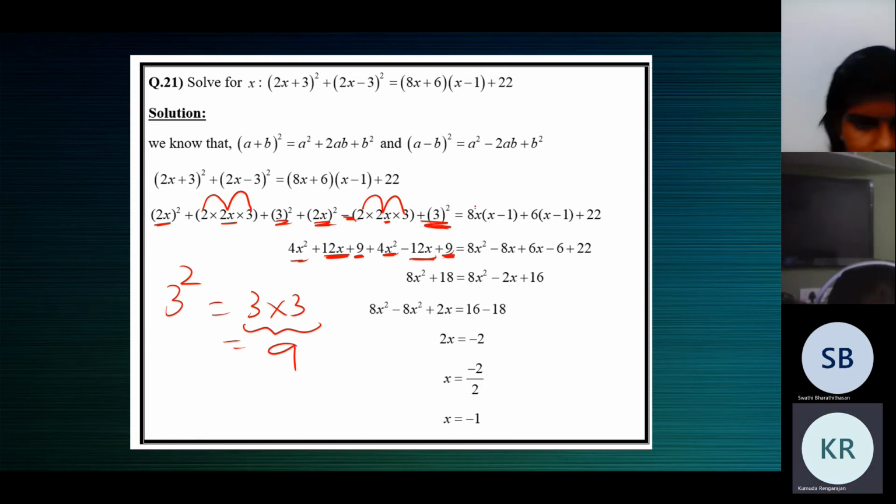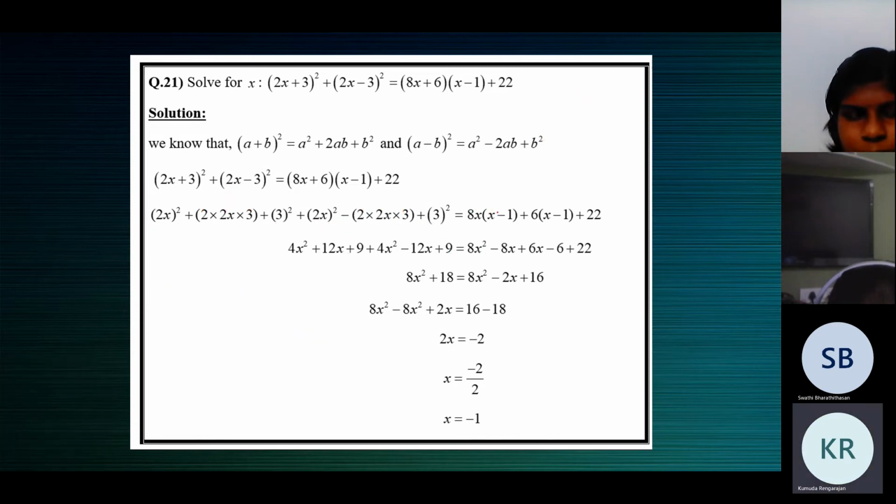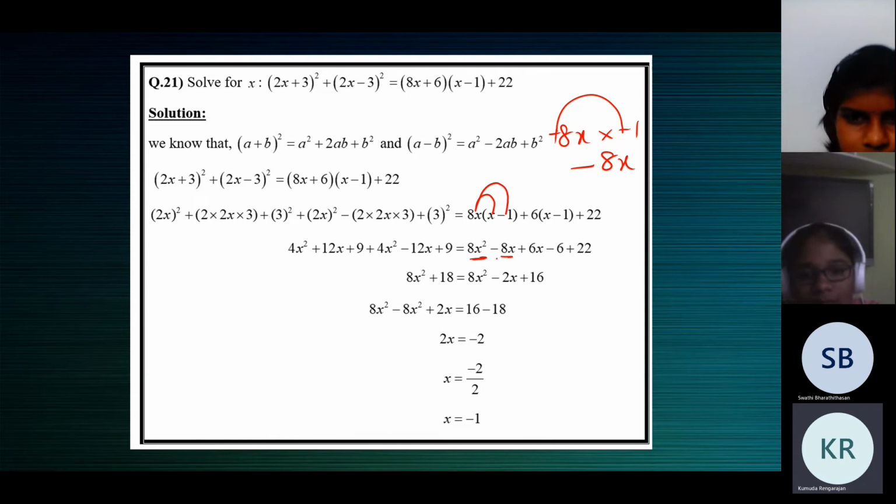Then here 8x into x is 8x square. 8x into minus 1: when you multiply 8x and minus 1, 8x is positive, plus into minus, minus. It's a very simple rule. So minus 8x.